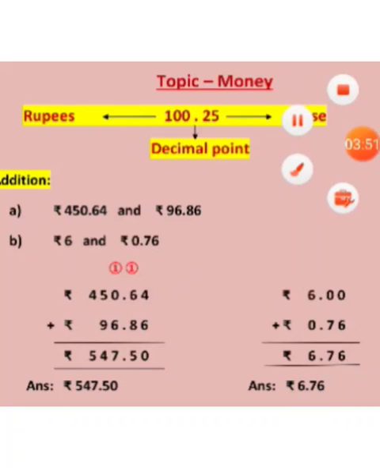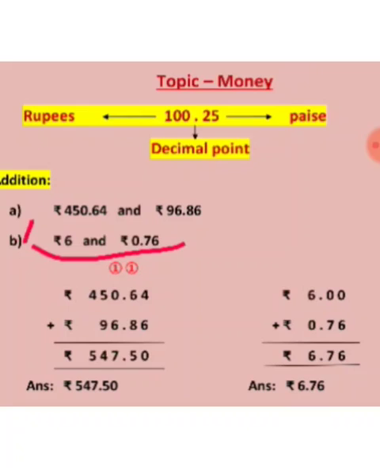Okay. Now come to the next sum. Look at the second one, part B. I write here rupees 6 and rupees 0.76. Rupees 0.76 means it is actually 76 paise. So rupees 6 add with 76 paise. You will arrange the numbers accordingly. Rupees 6.00.